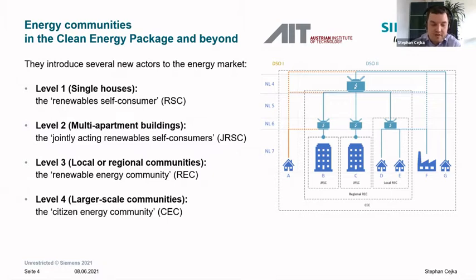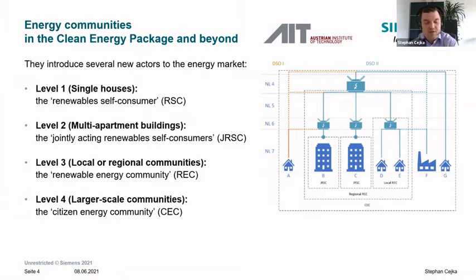Opportunities for participation increase the higher the level, mainly because of the wider operational area just mentioned, and therefore an increasing number of possible participants. For the scope of this talk and this paper, as we focus on peer-to-peer trading and there's no trading involved in level 1, we will just focus on levels 2 to 4.